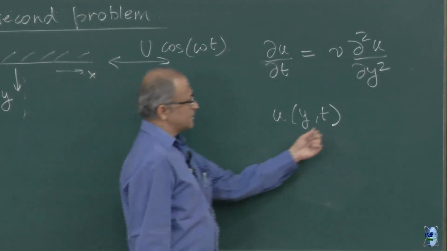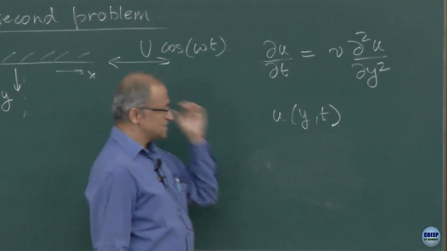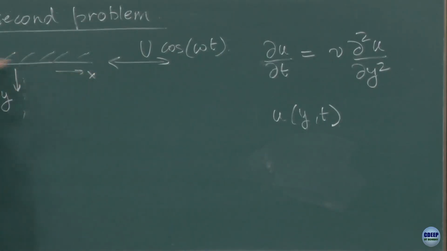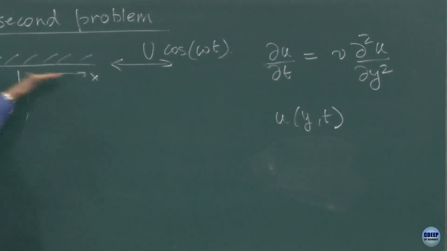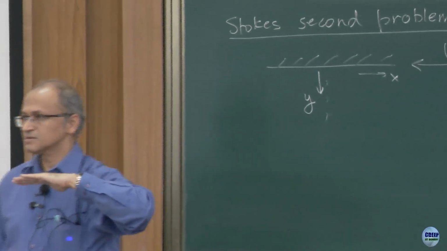Now, let us just think, if I oscillate a plate in the flow, what do I expect to get? Think of it intuitively. What should the fluid do? It should also oscillate. Now, what will be the difference? Will it oscillate at the same frequency, same amplitude?